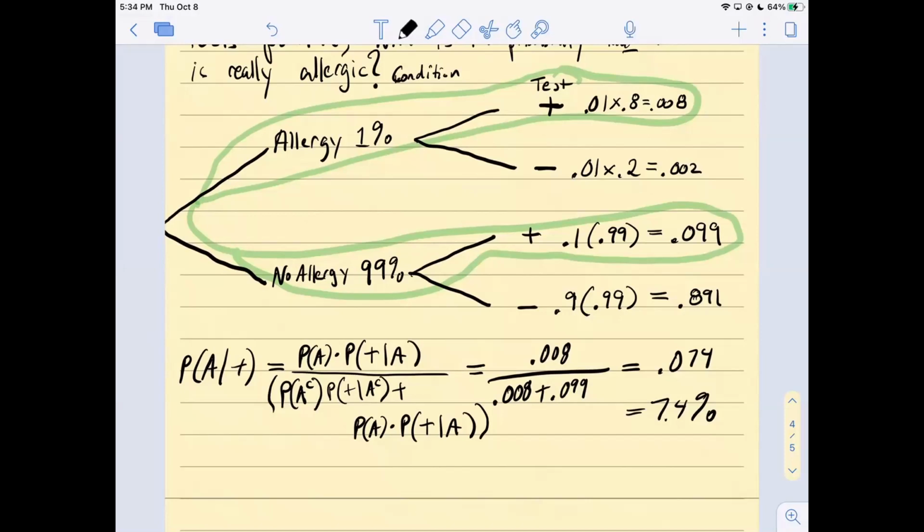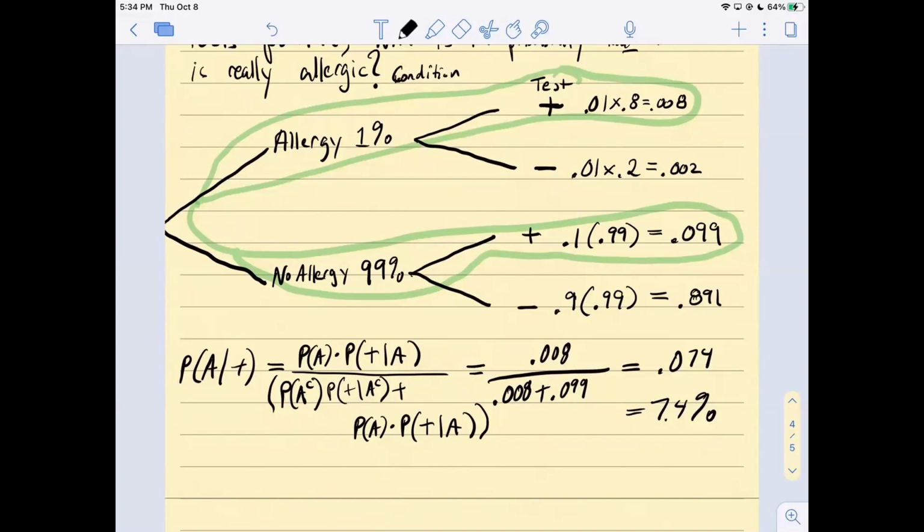Yeah, I was imagining those two test positives were people that actually had the allergy, not the test results. Right, yeah, exactly. The thing here is that the test can give you some false signals about the underlying condition.